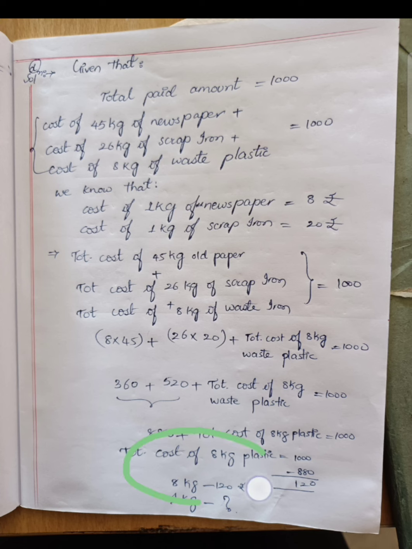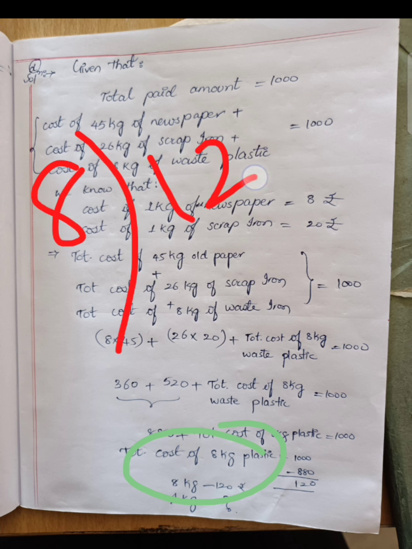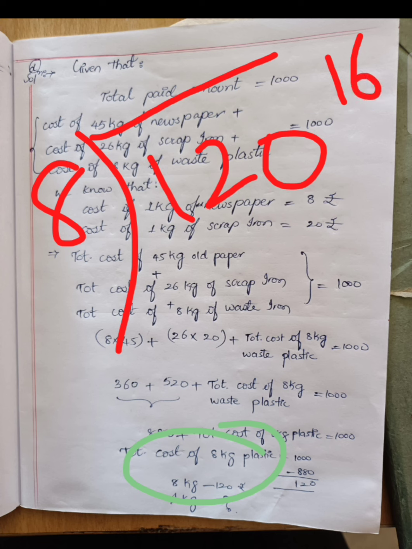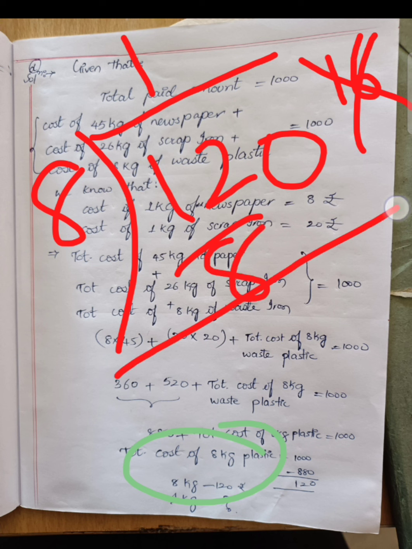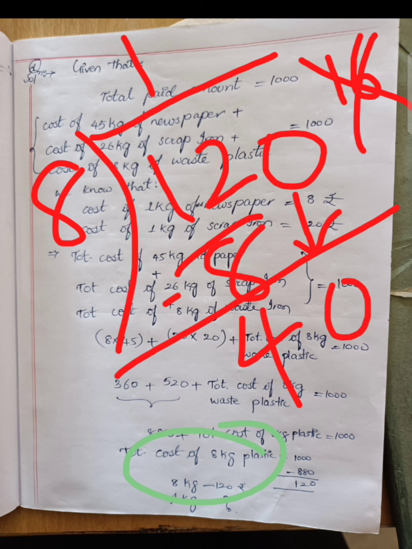What do we have to divide? We have to divide 120 by 8. So 8 divides 120. 8 ones are 8, 8 twos are 16, but 16 is more than 12. So we take 8 ones are 8. So 12 minus 8 means 4. The next number is 0. So does 40 come in the 8 table?